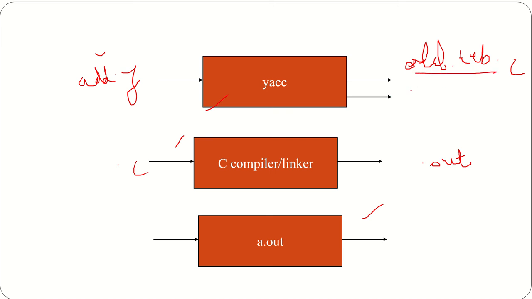Add.tab.c will be generated, or if you are giving the -d option, add.tab.h file will be generated here. So this is the C routine which is generated, and this is the header file which is generated, which is used for communication between the Lex and Yacc tools.